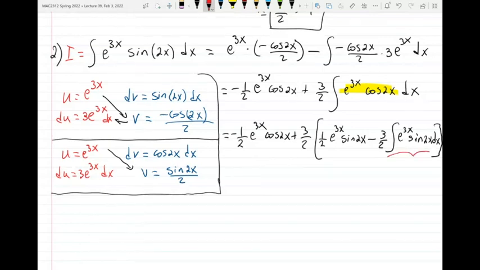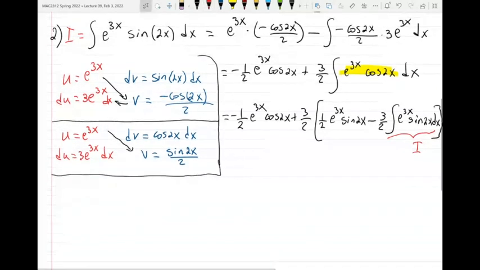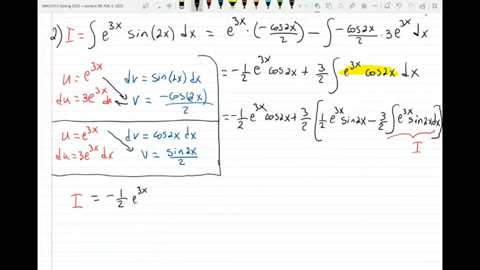So remember that I decided to call this I. So let me write the problem to hopefully make it easier to understand for you. So what we really have is that our integral, that we call I, equals -1/2 e to the 3x times cosine of 2x plus, I'm going to distribute the 3/2, okay?